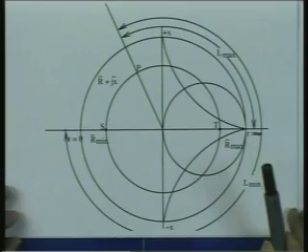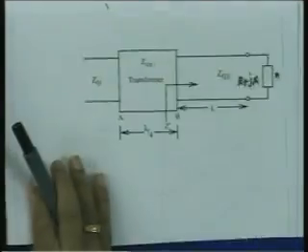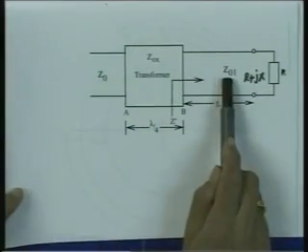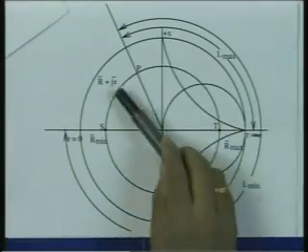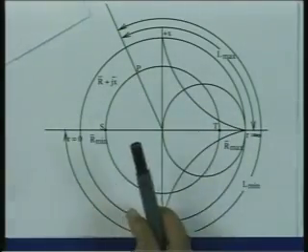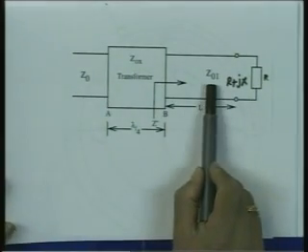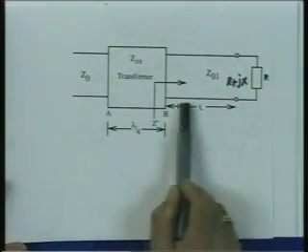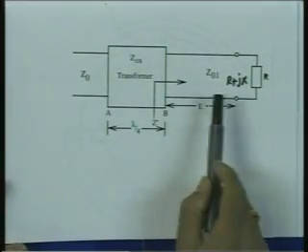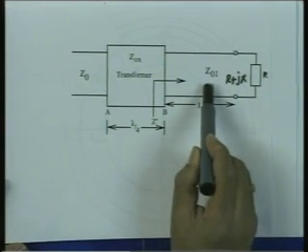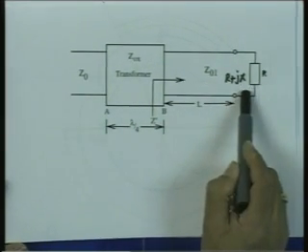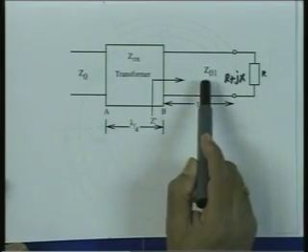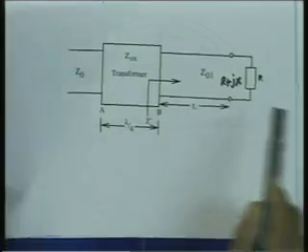As I move on the transmission line of this characteristic impedance Z01, I move on this constant VSWR circle. Keep in mind, since I am using the impedance for this line as Z01, the normalized impedance is with respect to this impedance Z01. So, normalization of this R plus jX is to be carried out with respect to this characteristic impedance.